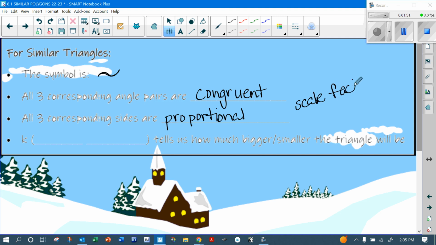We talked about this in chapter 4. The scale factor is K, and that will always be your new over your old, your image over your pre-image. I'm going to say this over and over and over. This tells us how much bigger or smaller the triangle will be.